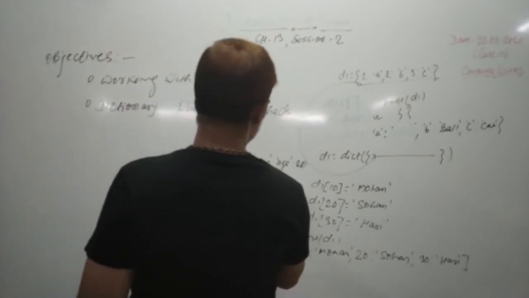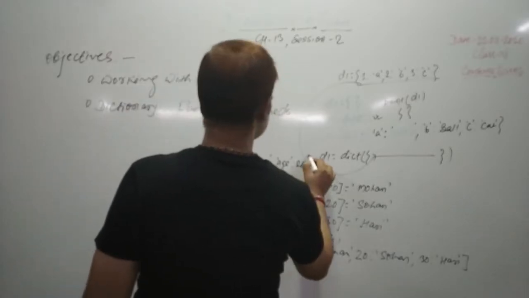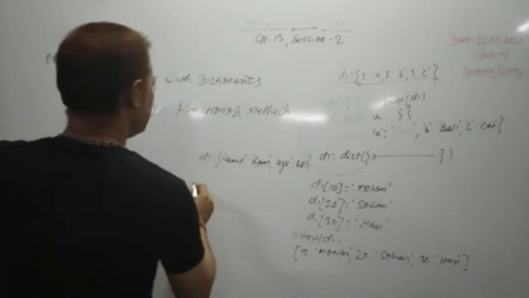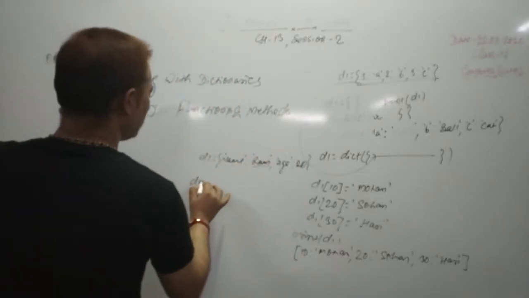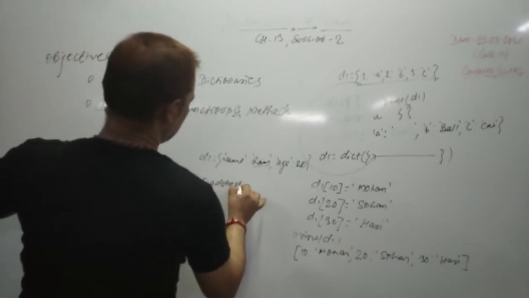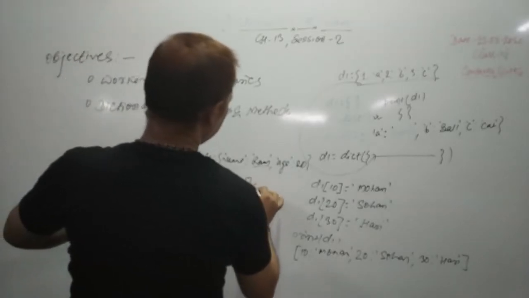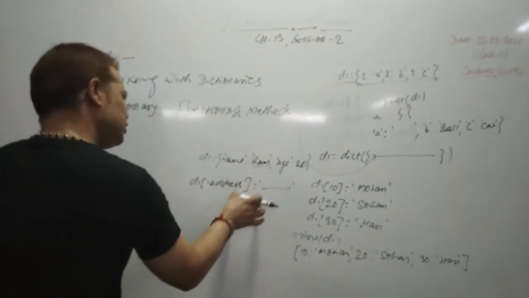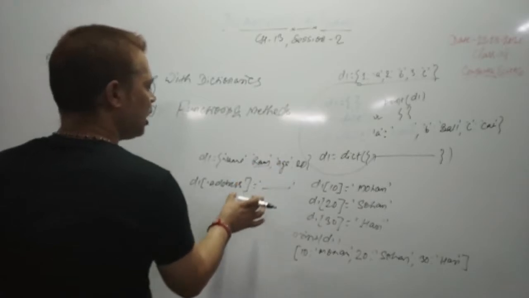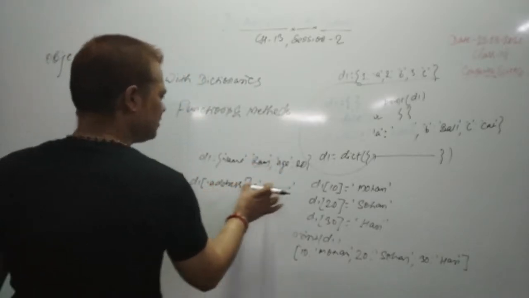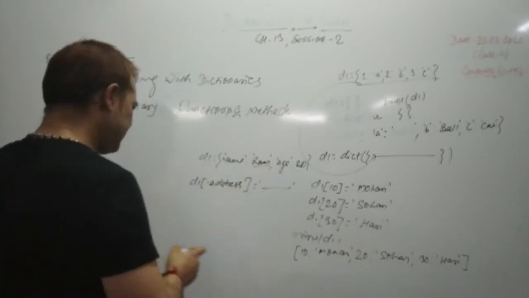So name Ram and age 20, this is one of the dictionaries I have. Now I want to add a third, like address, so I can say D1 and then address, that is a key, equal to whatever address you want to pass. This is how to add a new key value pair in the dictionary. So you are mentioning the key and then passing the value. This will be added to the dictionary.